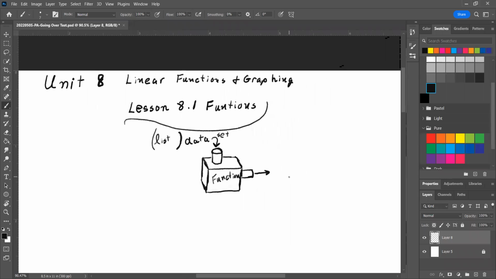After we put our data through our function, which is something happening to that data, then we get out a data set. A differenter one.